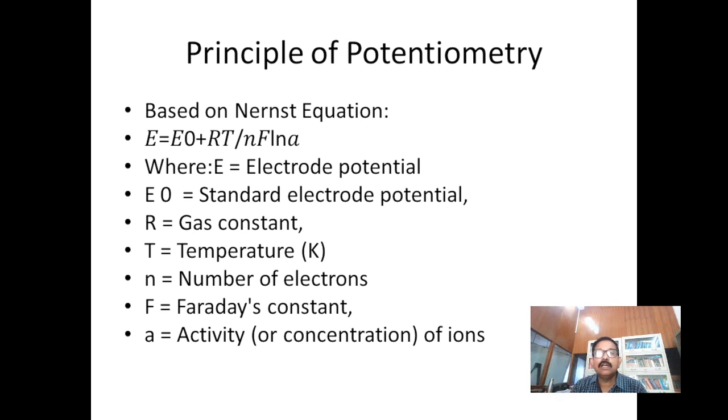E naught is the standard electrode potential. R is the gas constant, T is the temperature in Kelvin, N is the number of electrons, F is Faraday's constant, and A is the activity of ions.